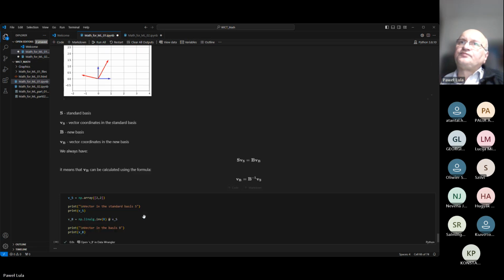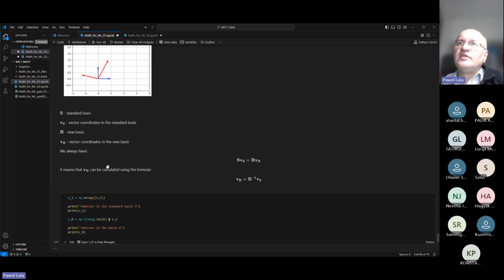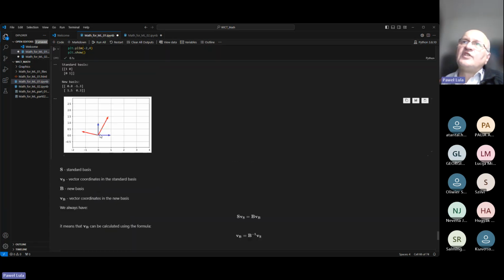So we have a vector which we have in the standard basis. This vector is here. So we have a vector with coordinates 2 and 2. This vector we can draw from this point 0, 0 to point 2, 2.